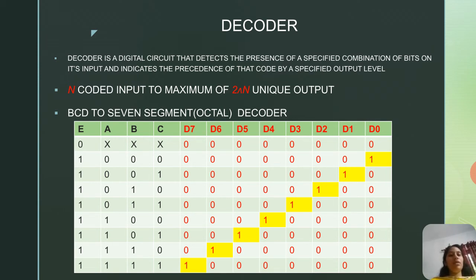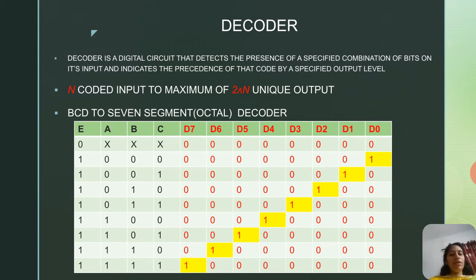So how will the decoder work? You are giving the input of 111 or 000 on the input side, and you will get the result of that particular binary value in the form of octal representation. So if you are giving 000, the corresponding D0 will be enabled.